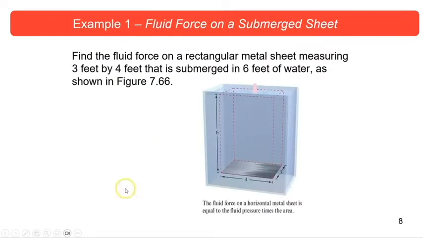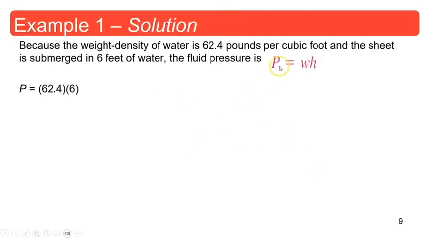So let's try solving. Find the fluid force on a rectangular metal sheet measuring 3 feet by 4 feet that is submerged in 6 feet of water. You're asked to solve for force. Pressure is density times height.